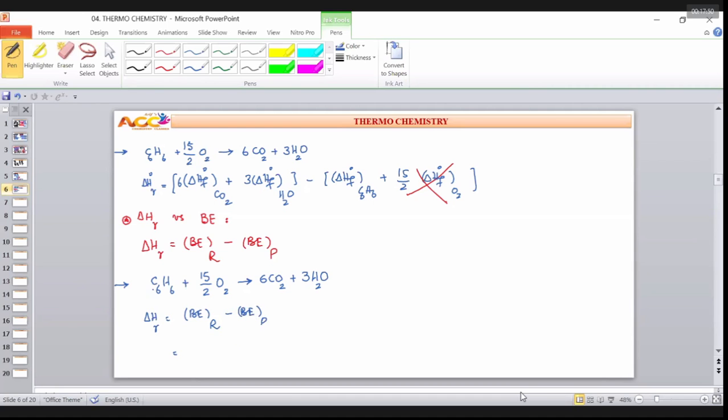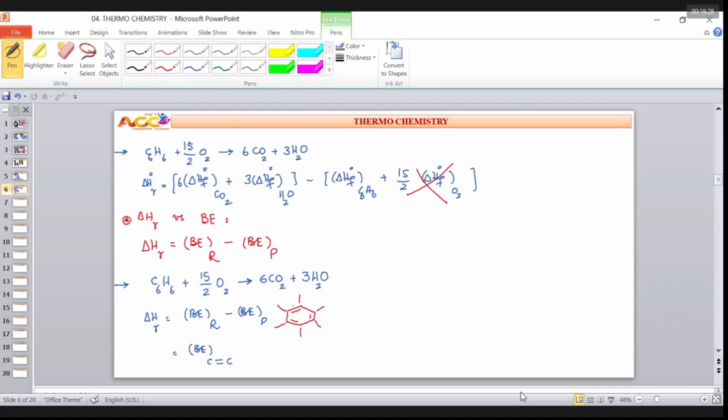Reactants. Who is that fellow? Benzene is a reactant. Benzene is something like this. Come on, bond energy of C double bond C. How many C double bond C are present?